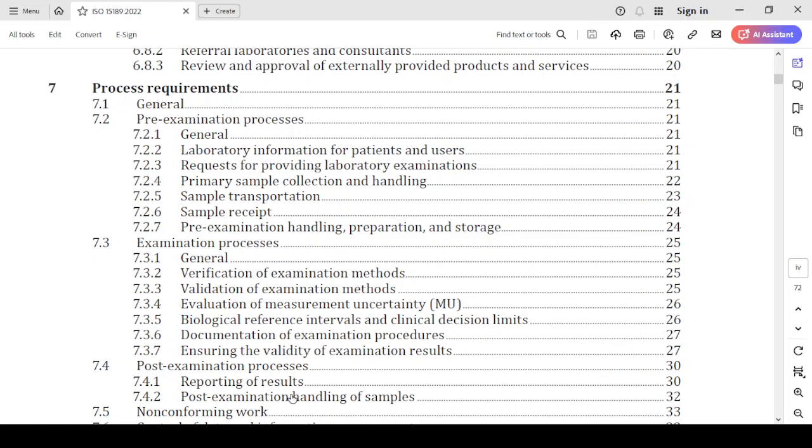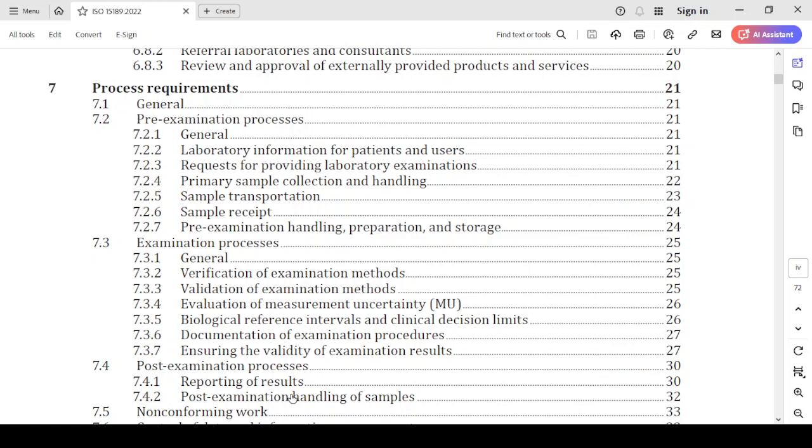Then we talked about clause 6, which was the resources that you need to run the lab. Jamila submitted that you're going to need equipment, you're going to need personnel. Jamila and Eva, they all talk about these resources. So the resources that you need to run the lab, the reagents, the consumables, that is clause 6.